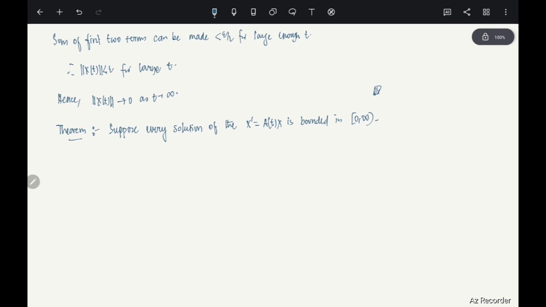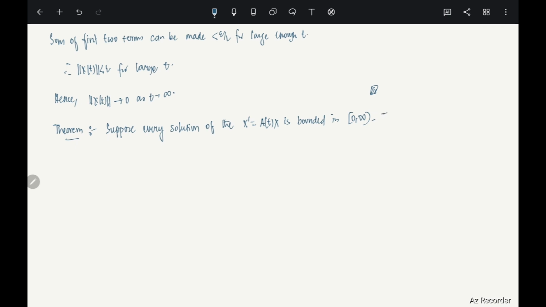Because we are looking at t tends to infinity, so we don't care about what happens at negative time. Then every solution of the system x prime equals A(t) x plus b(t), I think you can guess what is going to happen, is bounded.